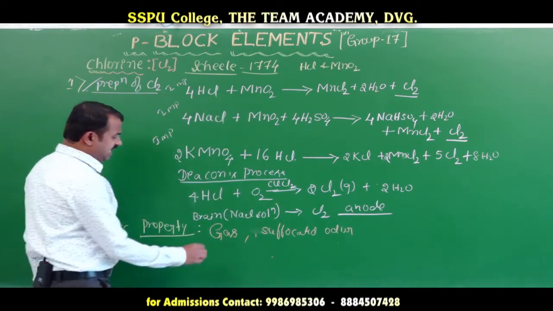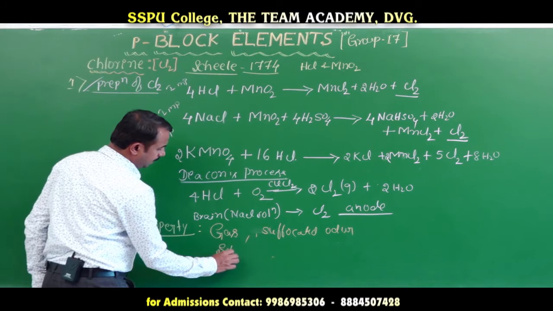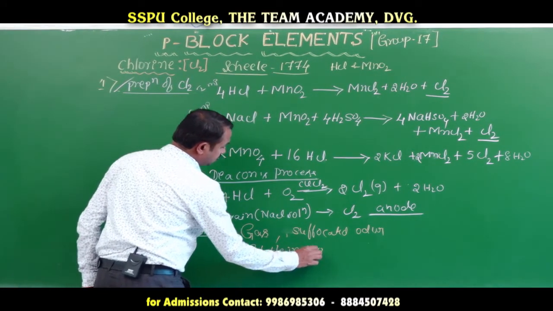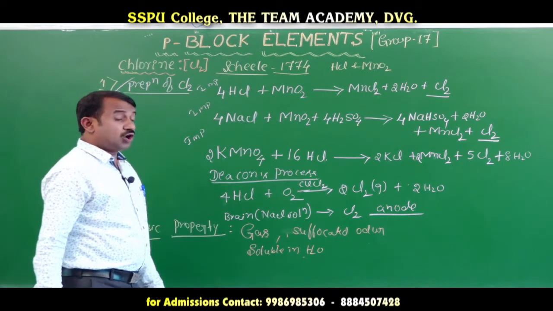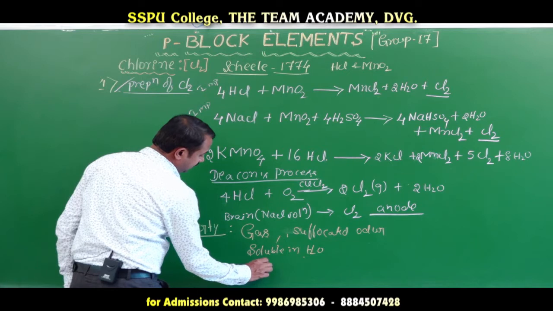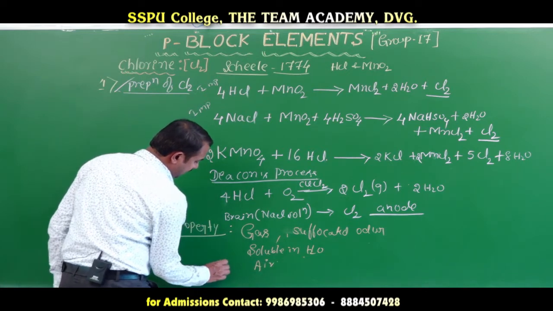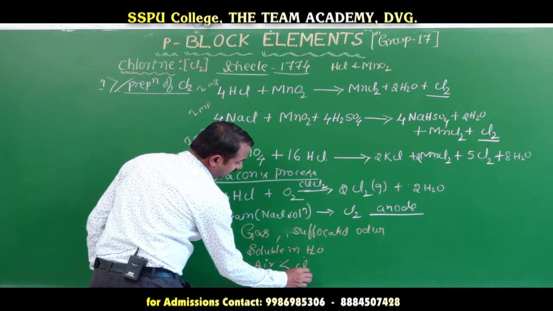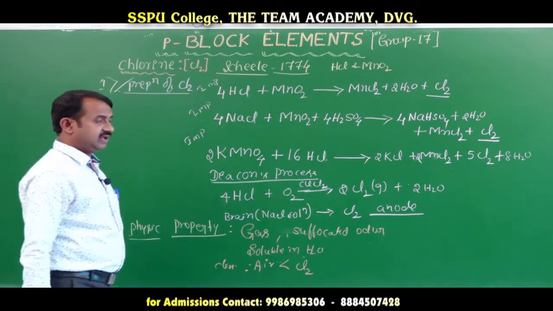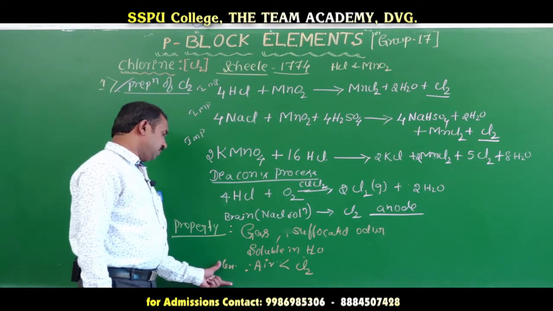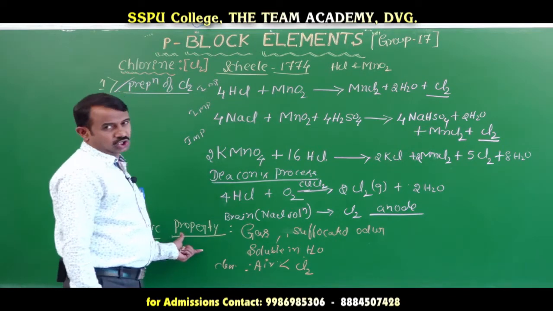It is freely soluble in water, and 4 to 5 times heavier than air. Its density is heavier than air. This is the physical properties of chlorine.